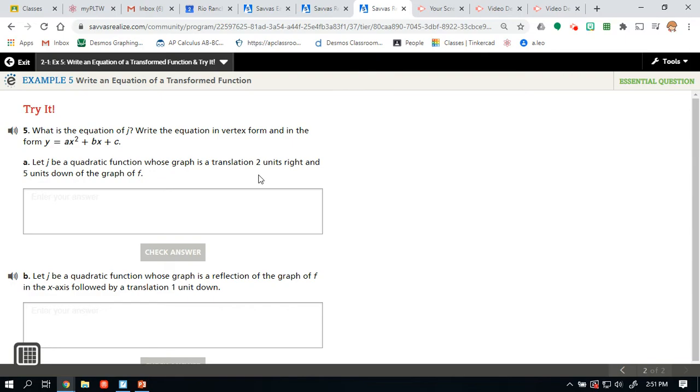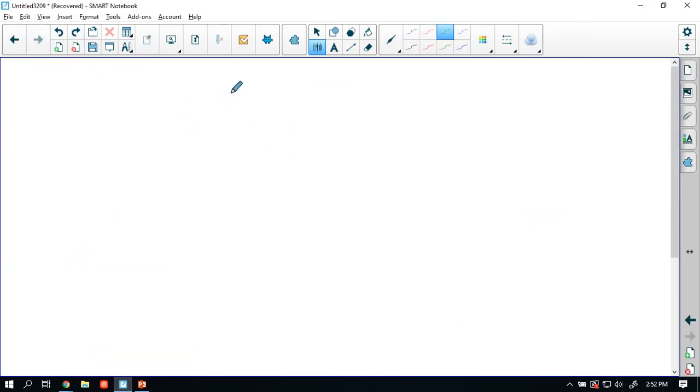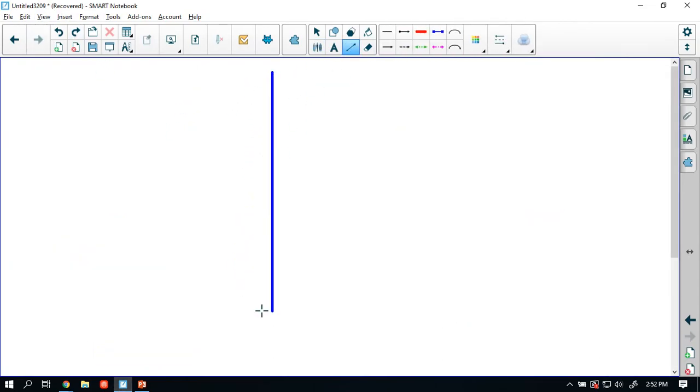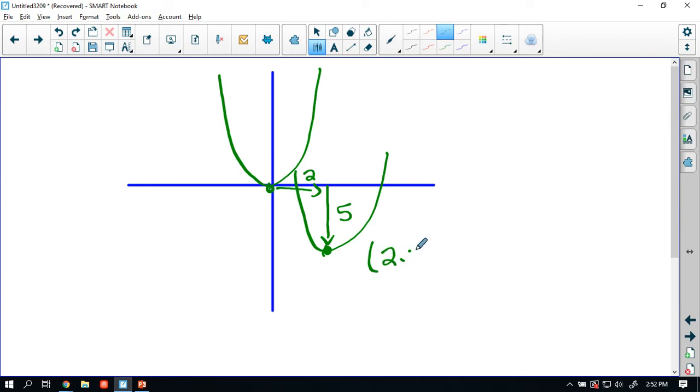So that's 2, 5 units down. So it's going to be -5 for your point. So in other words, if this was your original graph, you're moving over 2 units and 5 units down. And this will be your new vertex point. So you're looking at 2, -5 for your vertex.